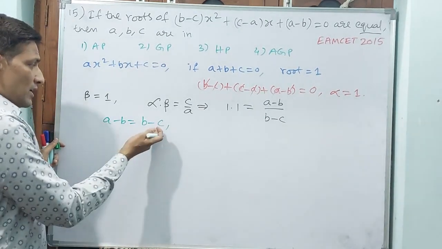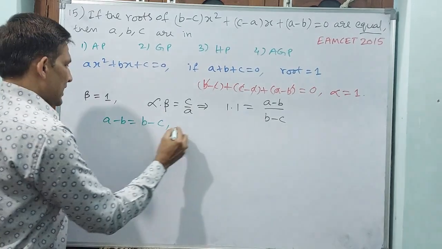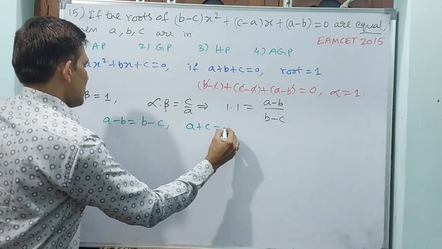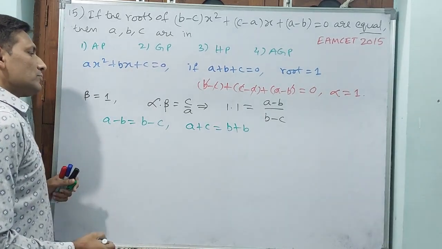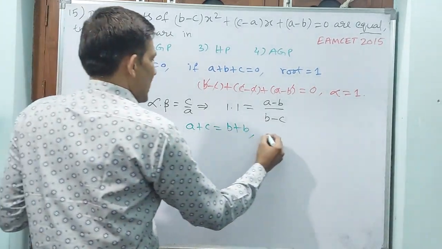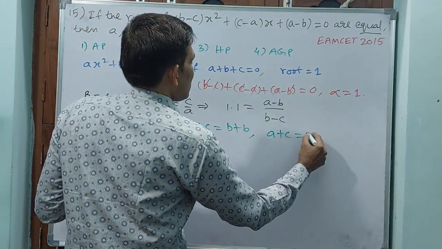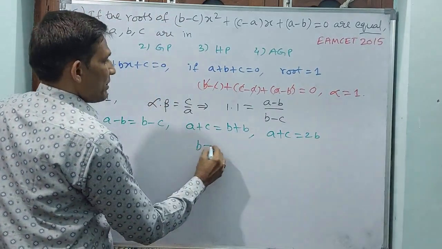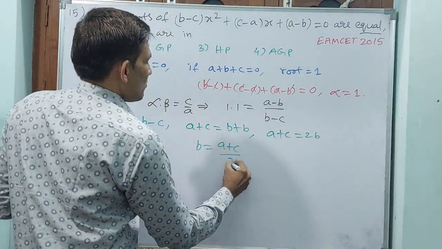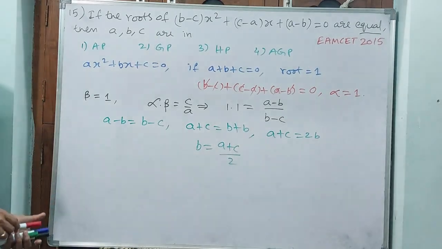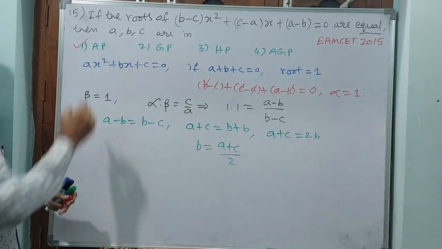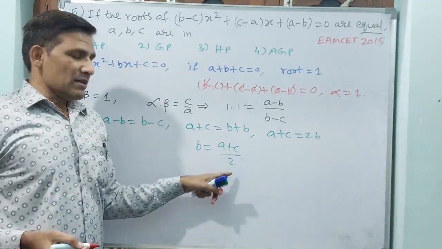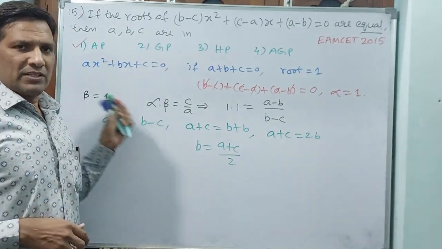Then you send c this side and b that side. That means a plus c equal to b plus b, or else a plus c equal to 2b, b equal to (a plus c) by 2. What is this? Clearly this is arithmetic progression. If b equal to (a plus c) by 2 comes, it means arithmetic progression, that's all.